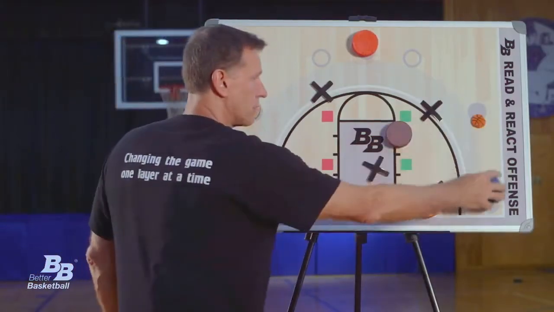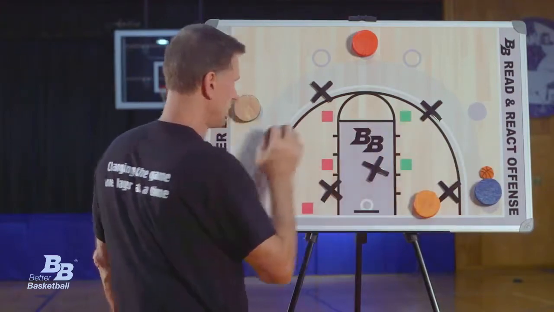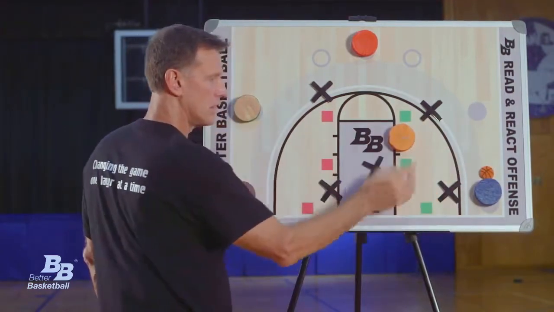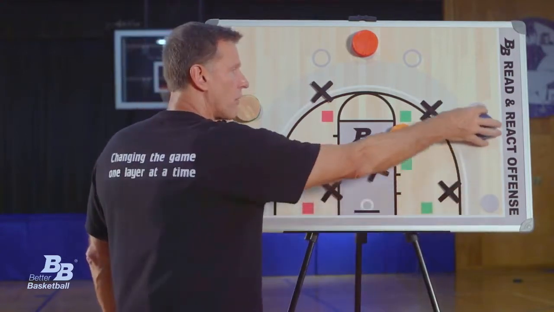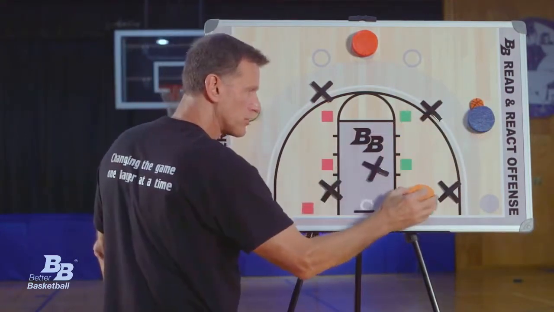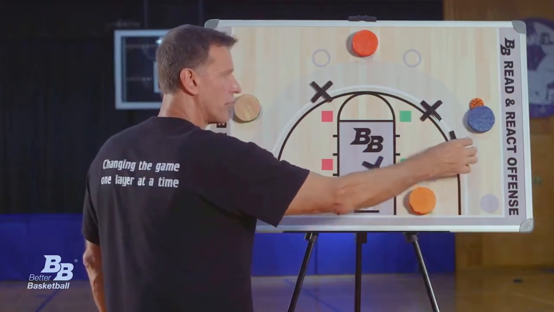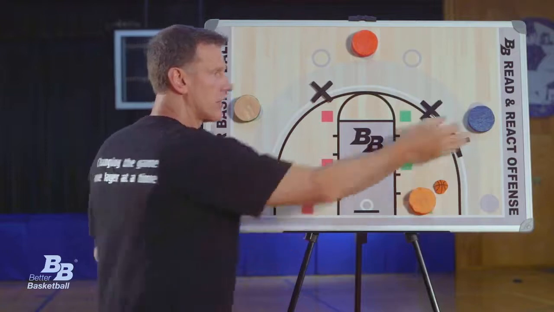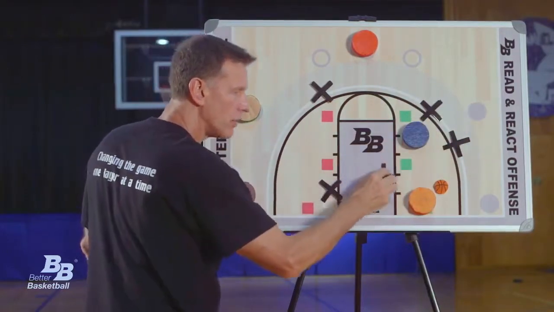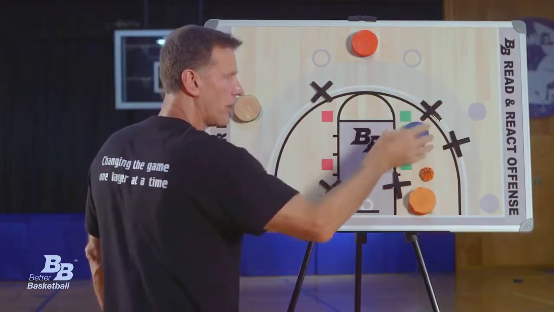Let me set this up again. Empty flank, but empty wing. On the dribble up, this player fills the flank, it draws the corner defender up, and we throw back. Well, this is just a Laker cut, and you're going to wind up with the cutter.